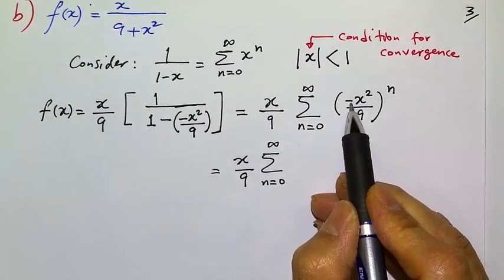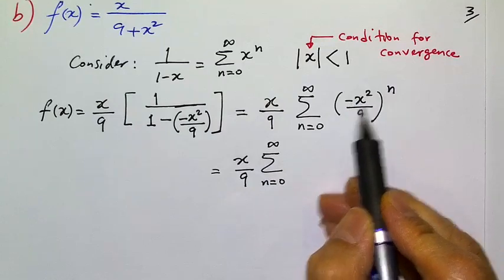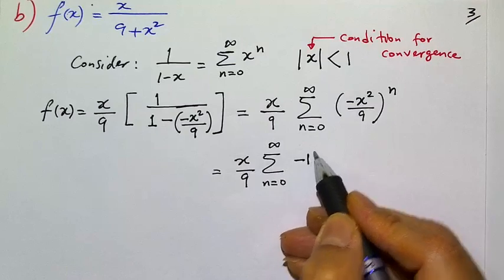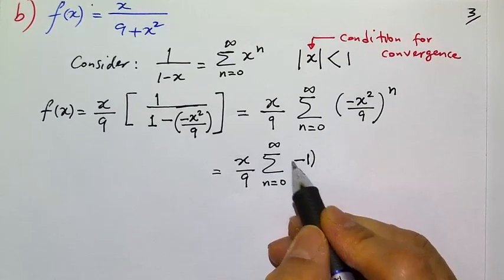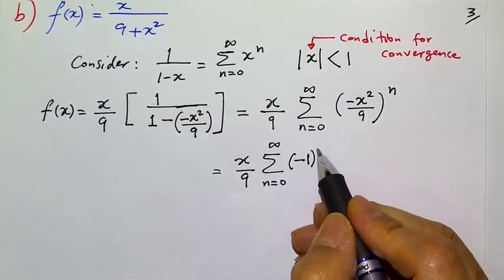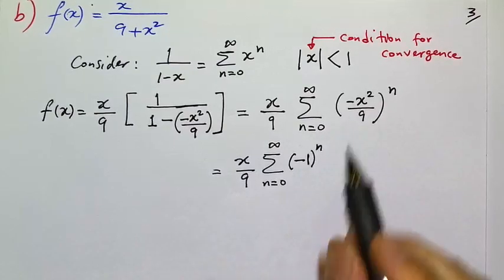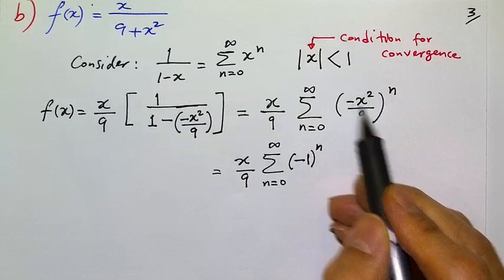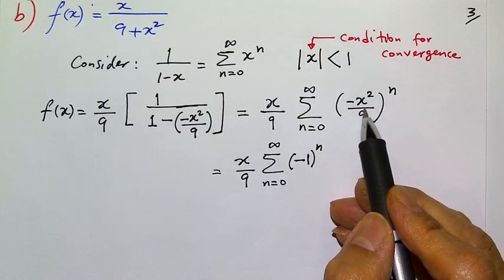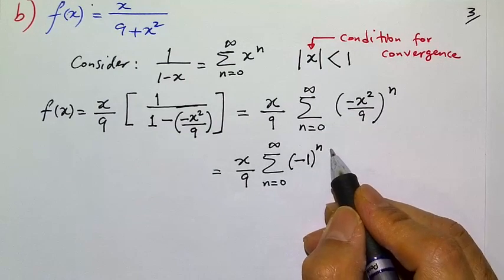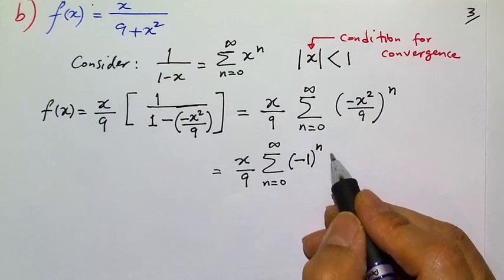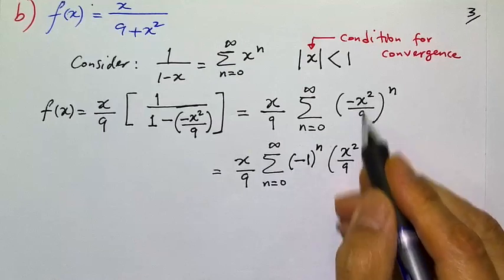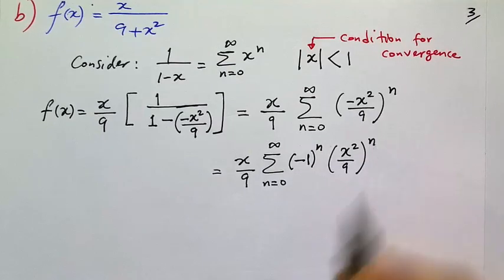Instead of minus to n power, let's pull minus 1 out, because that's the convention usually when we are writing the alternating series. So like that. So minus 1 to n power, that's for this minus. Then for the rest of this, of course, we can write x squared over 9 to n power.